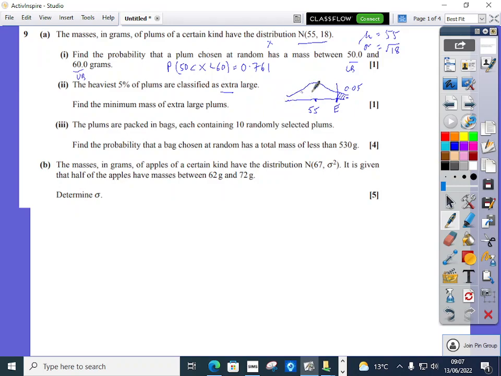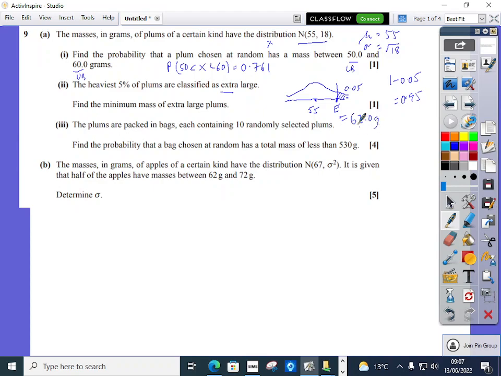You just need to go back and do 1 minus 0.05 in your calculator, which gives you the area of 0.95. Now if you plug that in as your area with the mean being 55 and standard deviation being the root of that, you should get E to be, to 3 significant figures, I got 62.0 grams.